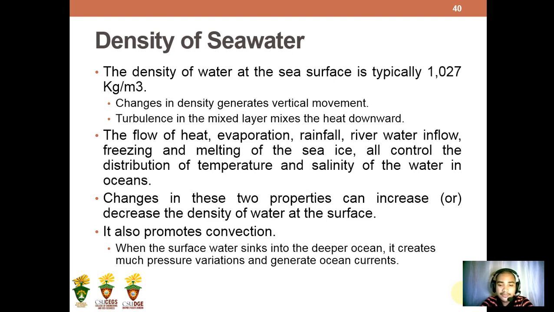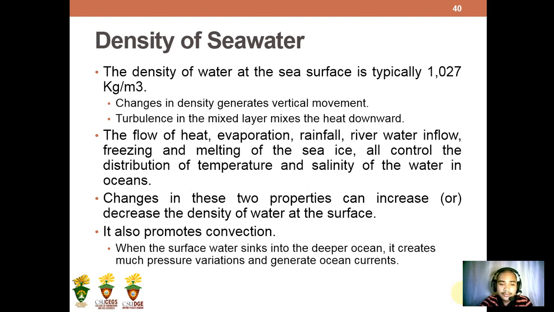And changes in these two properties can increase or decrease the density of the water at the surface. If there are changes in temperature and salinity, it will lead to an increase or decrease of the density of the water.